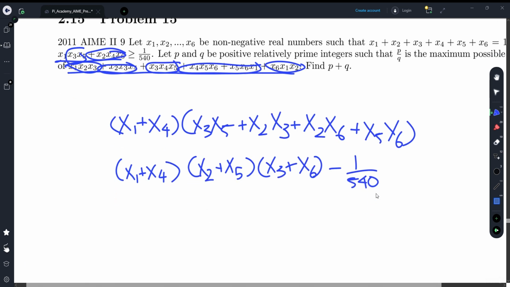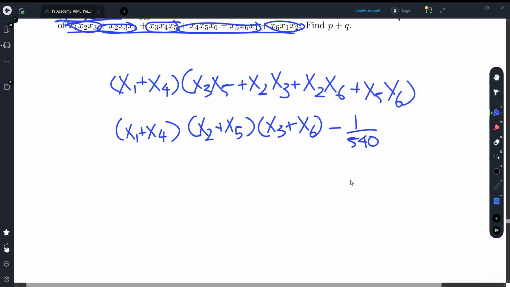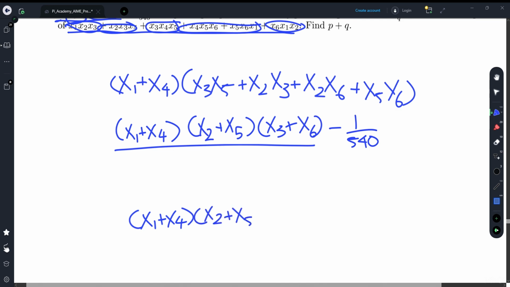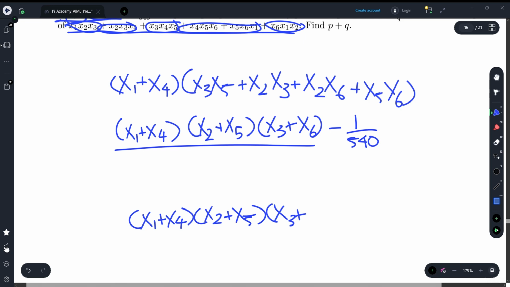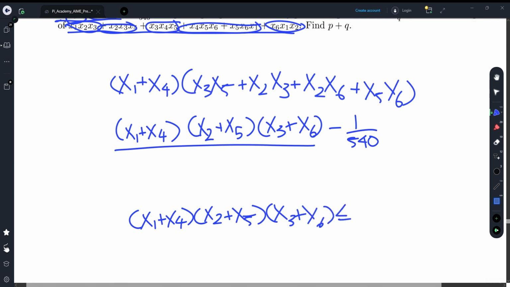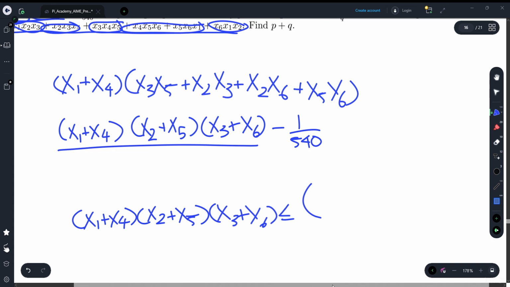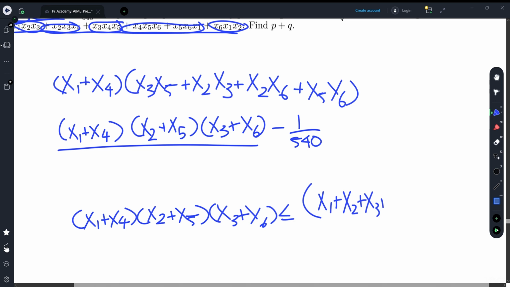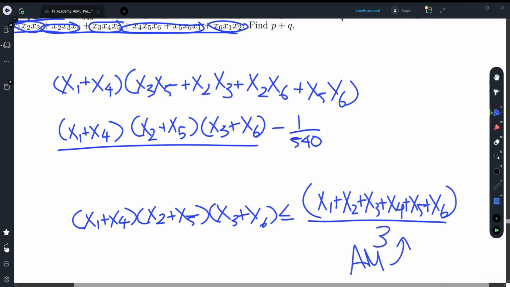So we could use AM-GM. What AM-GM does is make sure that (x1 plus x4) times (x2 plus x5) times (x3 plus x6) is less than or equal to (x1 plus x2 plus x3 plus x4 plus x5 plus x6) over 3, which is the AM, and this is a cube root GM.